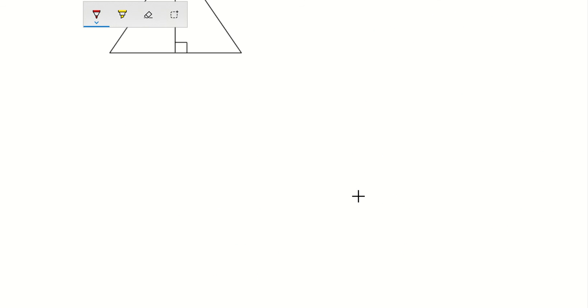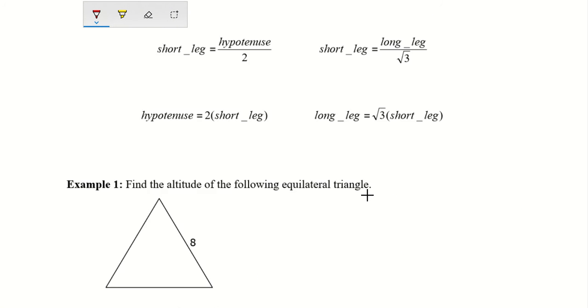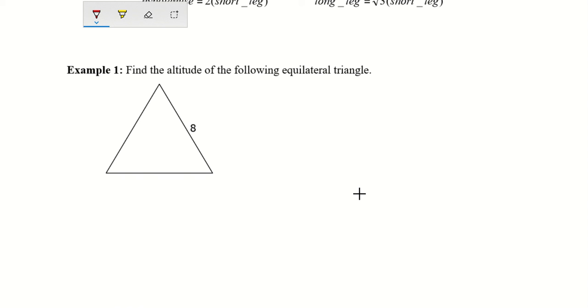Now, if you want to work with the 30, 60, 90, let's go ahead and go to this one. For example, this one says find the altitude of the following equilateral. Equilateral means that this is 60, this is 60, and this is 60. So if they want to find this one right here, the altitude, that means that this one gets broken up into 30 and 30.